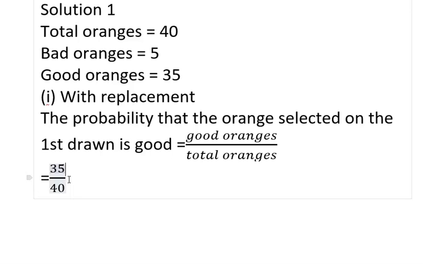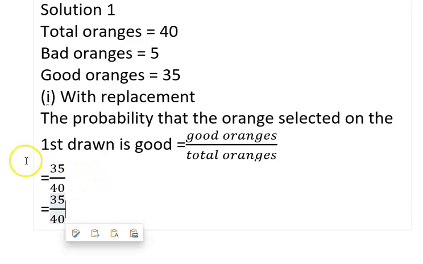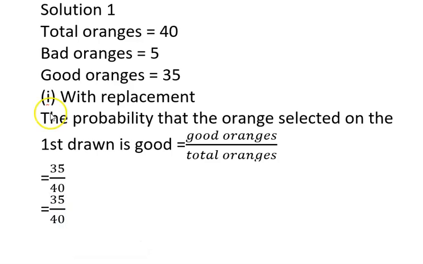So by implication, 35 over 40, these ones can cut themselves. 5 can go in 35, 5 can go in 40. So if you remove, you say 5 in 35, it's going to give us 7. Then 5 in 40, it will give us what? 8.